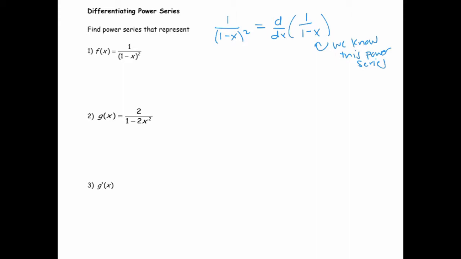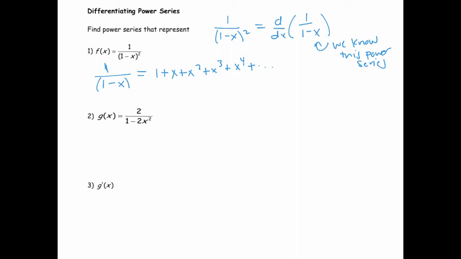So if I want to get a power series for 1 over 1 minus x squared, I'm just going to take the derivative. So I want to say, well, 1 over 1 minus x, we know what this is. Right?